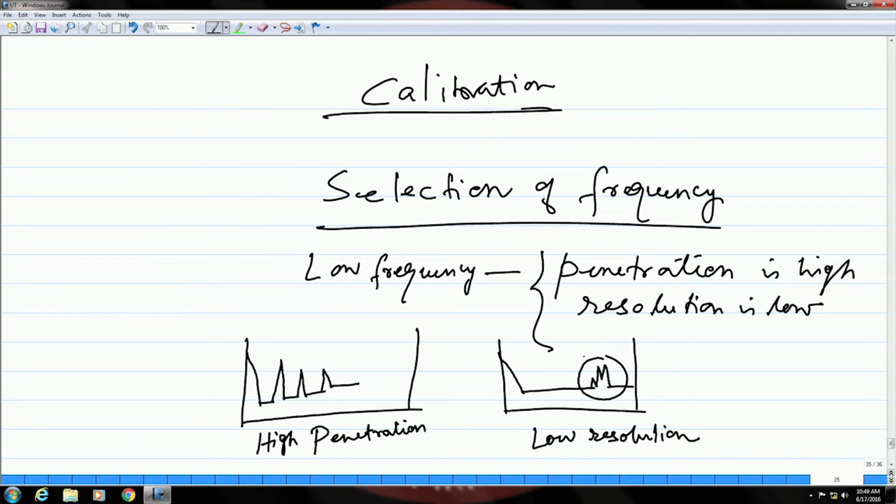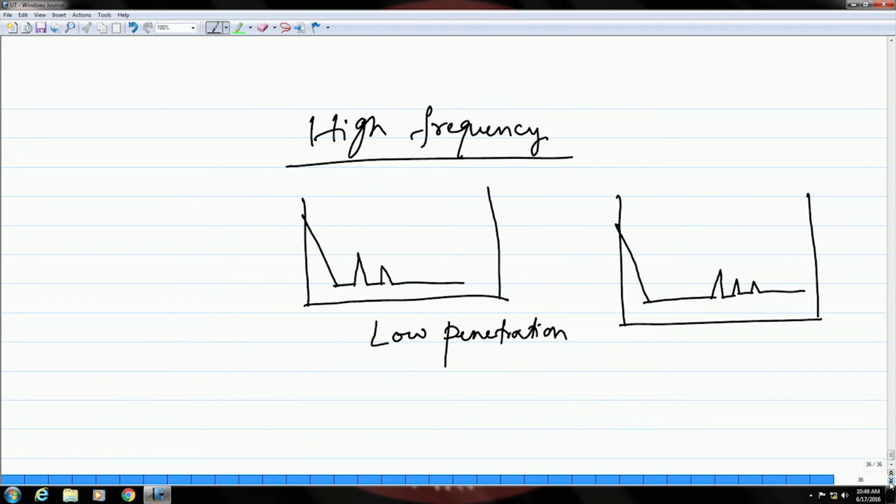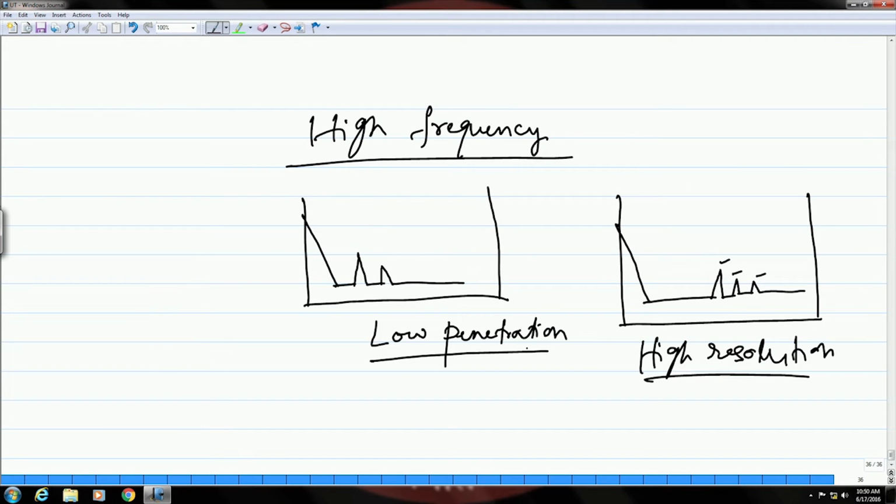But in this case, you do not see that overlap, you see three distinct peaks for three different defects, although they lie very close to each other. So, high frequency would also give you high resolution, and it has low penetration.